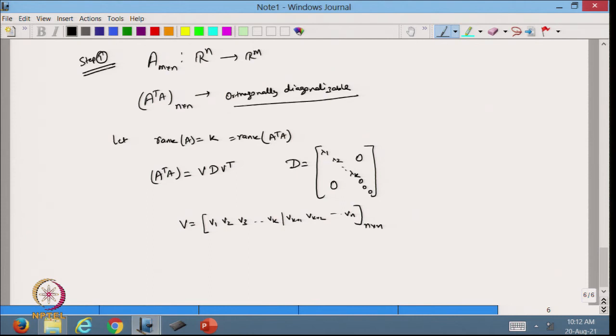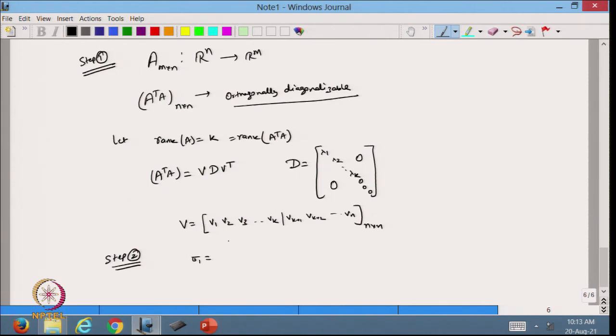Now, after doing this, in step 2 what I am going to do is choose the non-zero eigenvalues and find sigma 1.